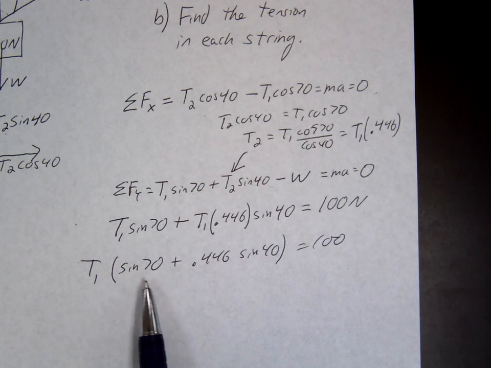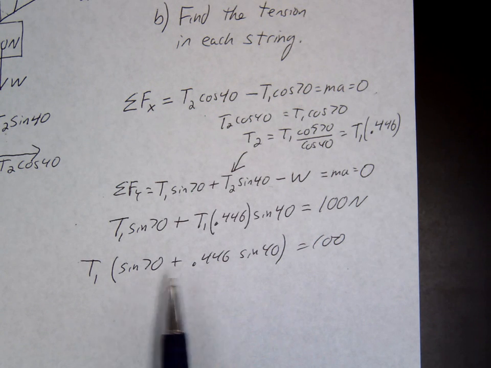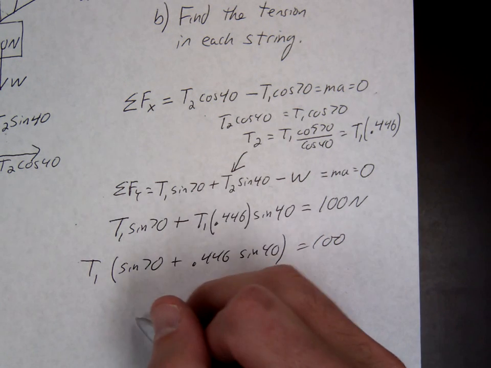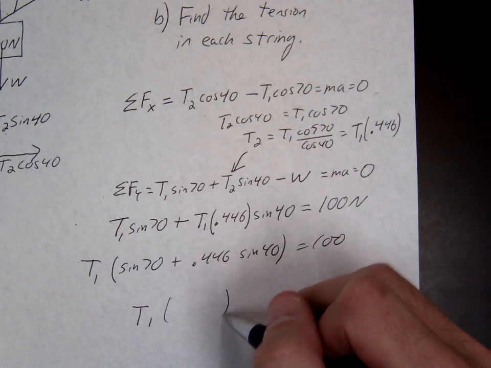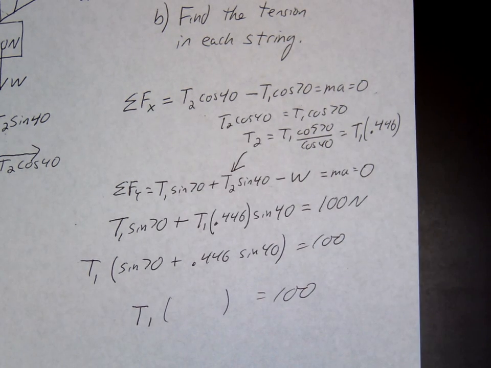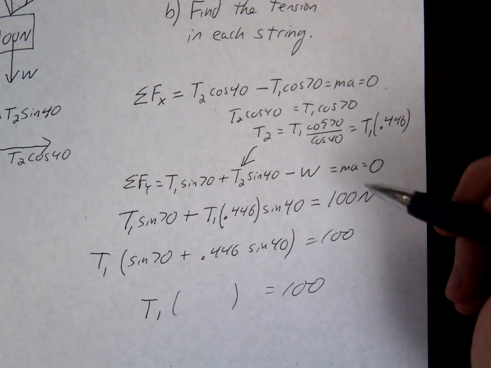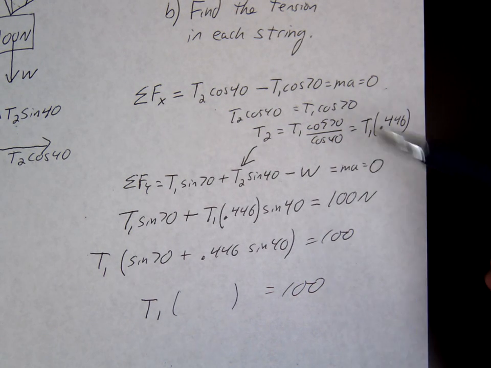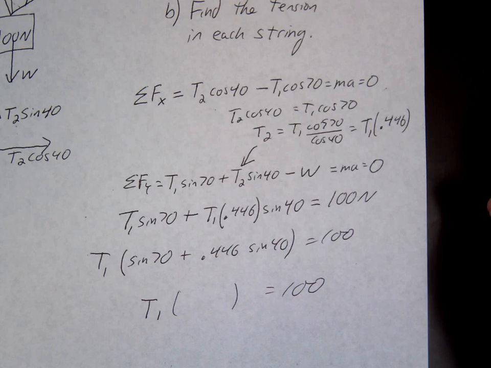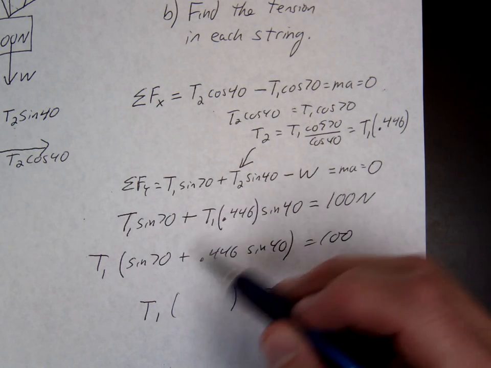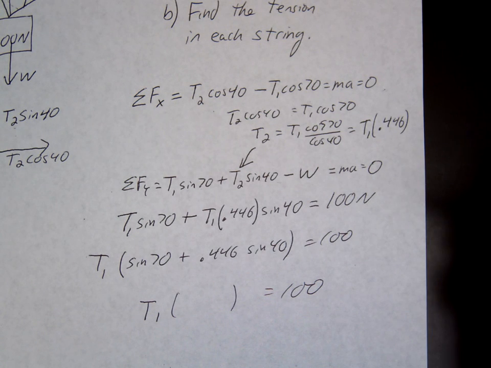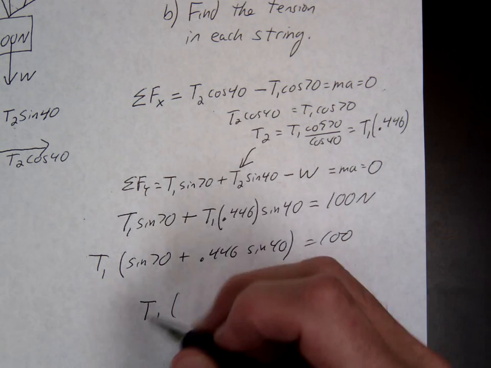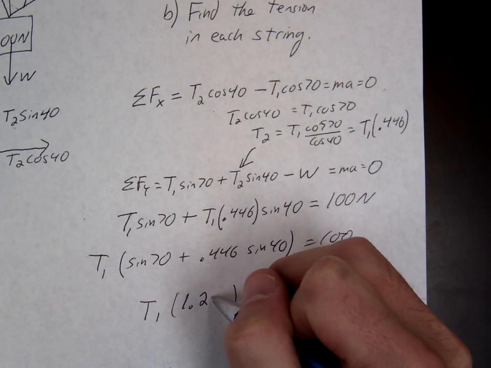Again, I would recommend just doing the math on this, getting a number for that right there. And of course, you could just derive an equation and just do the math all the way at the end. Someone got the number for this big mess right here? 1 point something.